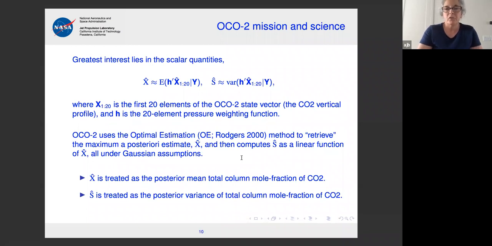And the prior is chosen by scientific knowledge based on the expertise of the people on the team. For inferential purposes, however, there is the strong, if not explicit, suggestion that everything in sight is Gaussian. And X hat is in practice treated as the posterior mean of XCO2, and S hat is treated as the posterior variance of XCO2.